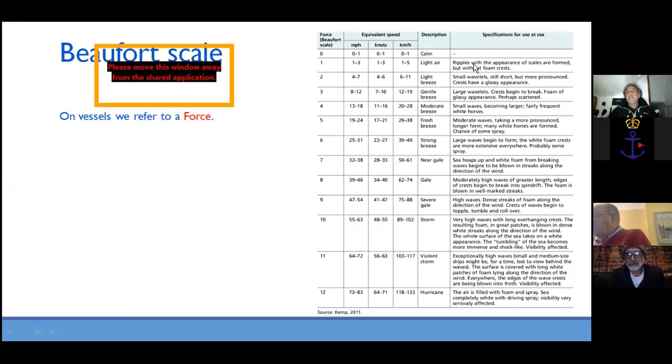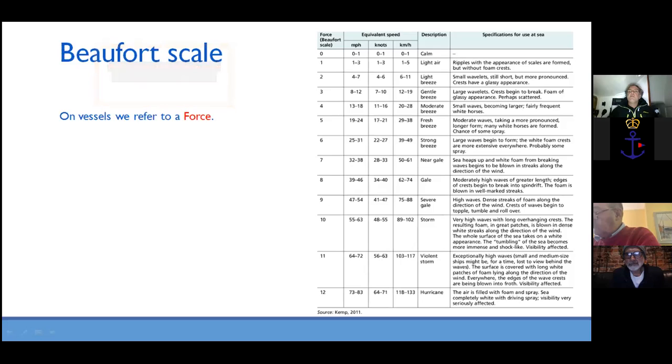It is related to what is happening on the water. Large wavelets, so if we look at force 3, 7 to 10 knots, large wavelets, crests begin to break, foam of glassy appearance, perhaps scattered. If you look at the sea, that will actually tell you it's a force 3.